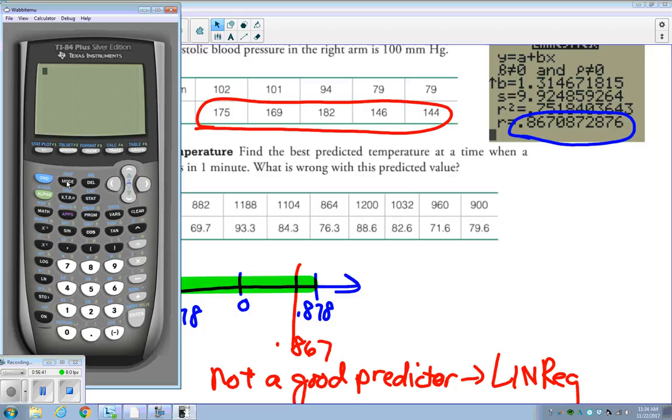I'm going to start back at my home screen. And the first thing I need to do is get those residuals into L3. And the way I'm going to do that is second list. Then I'm going to cursor down to residuals. I'm going to press enter.